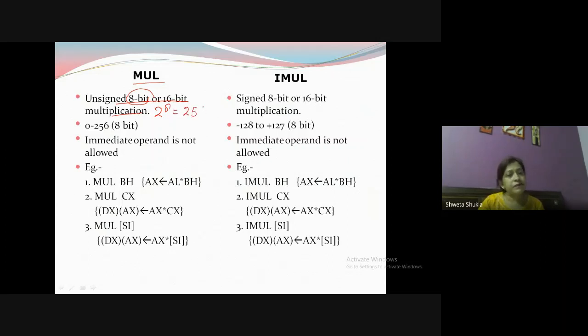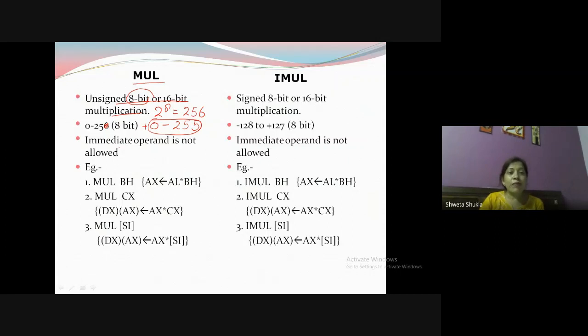So we can multiply values from 0 to 255. That means all the values should be positive. This is called unsigned multiplication. We will use values in this particular range only.